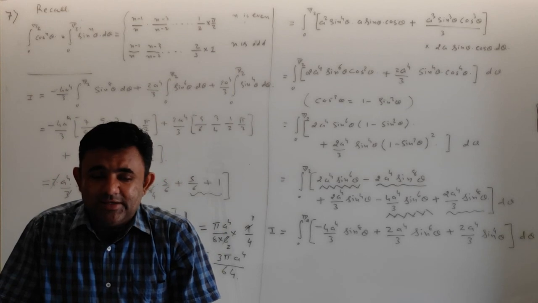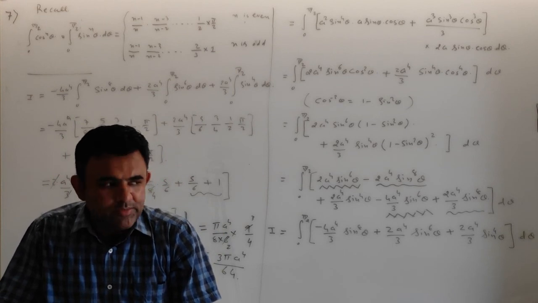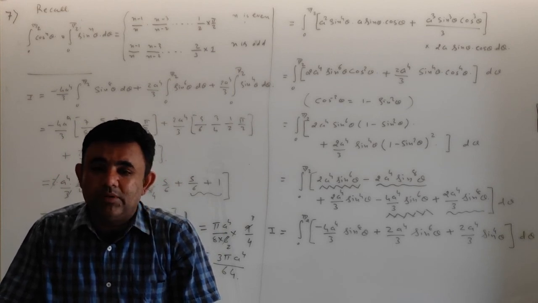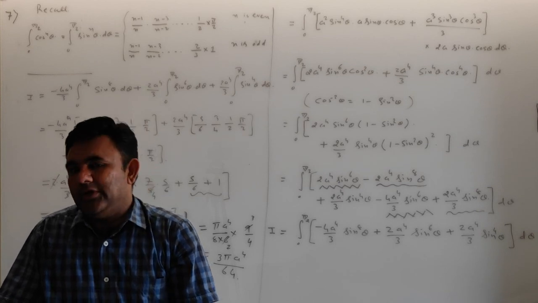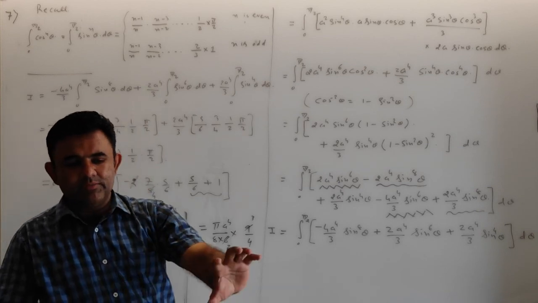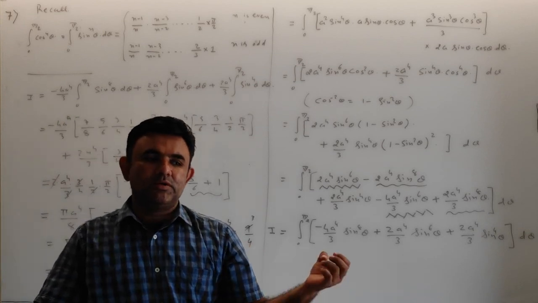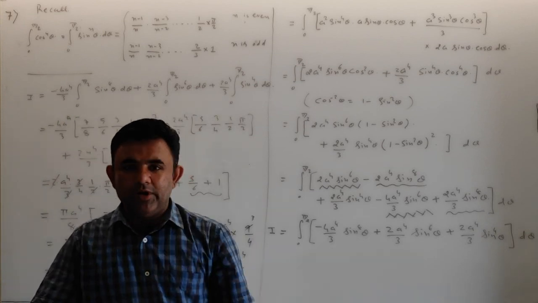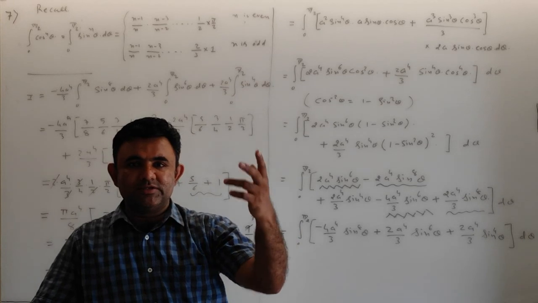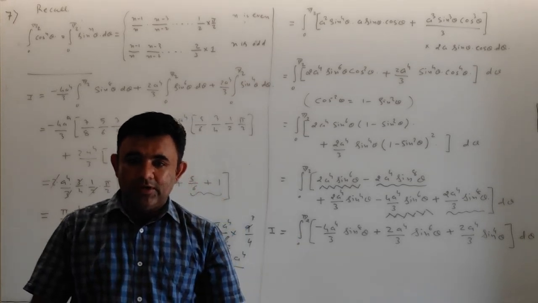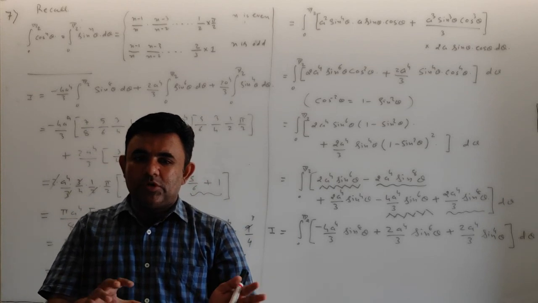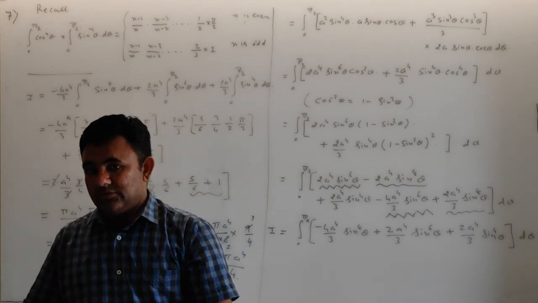So in the next lecture we will see some examples of multiple integrals in which the limits are not given directly. We are given a region, but the region will be described in some fashion, that the region is bounded by y equal to x square and y equal to x and the x axis, like that. So you are given the region in terms of being bounded by some curves.